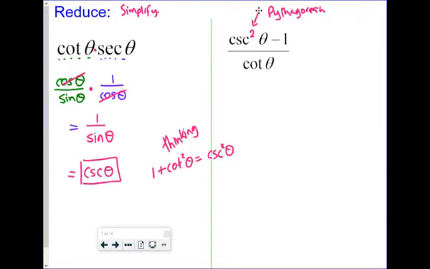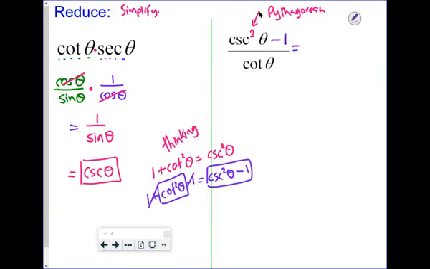So if I wanted cosecant squared theta minus 1, from this identity, I'd have this side and I have to subtract 1 from it. Cosecant squared theta minus 1 could be rewritten as equal to cotangent theta.